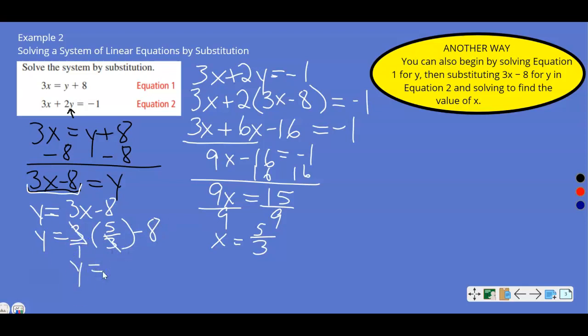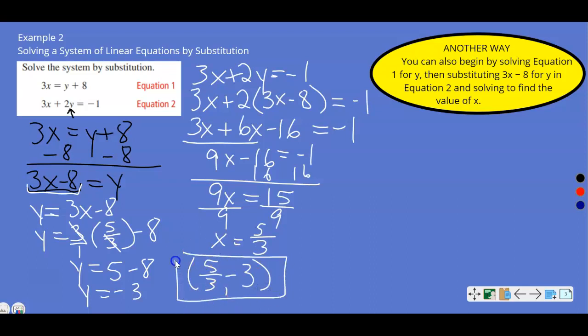So y equals 5 minus 8. 5 minus 8 is negative 3. So our x is 5/3 and our y is negative 3. Notice that I always put the ordered pair as x, y. You always list your ordered pair as x, y no matter which value you solve for first.